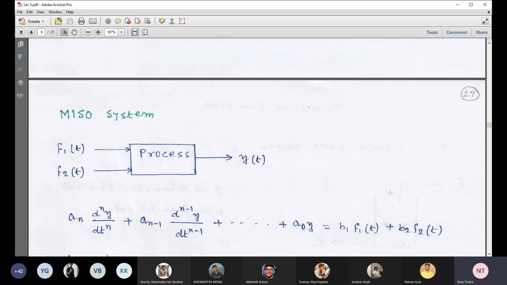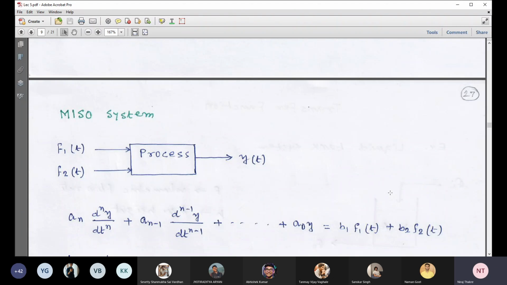Can you quickly find the transfer function for this and let me know the transfer function of this model? The equation is given, just follow the similar way as we did for the single input, single output system. You find the transfer function and let me know.